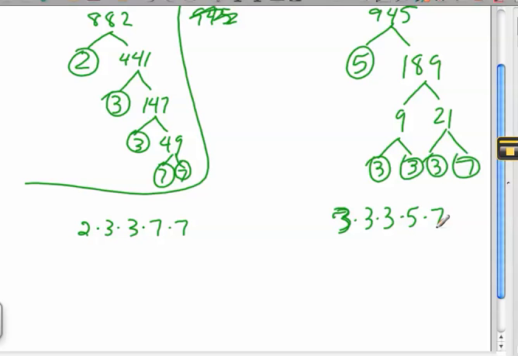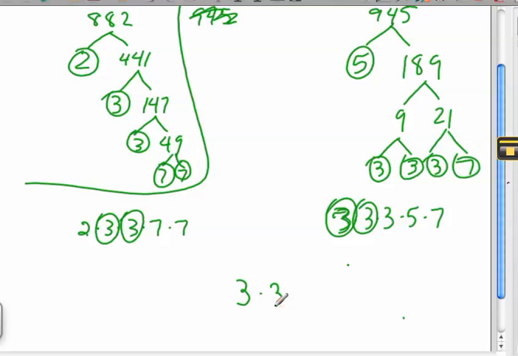For greatest common factor, we pull out all the factors that they have in common. Do they both have a 2? No, so I can't use a 2. Do they both have a 3? Yes. So they've got this 3 and they've got that 3. So I know the greatest common factor will have a 3 in it. Do they both have another 3? So I know I can put another 3 down here and they'll get multiplied in the end.